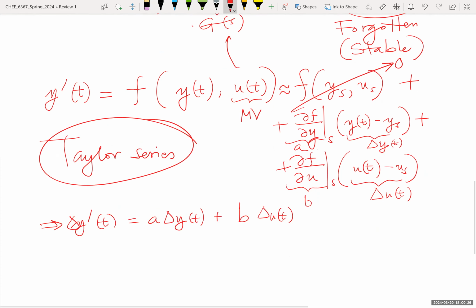Okay? And this is in the sense approximately equal. There is rigorous theory that says this is not just for convenience and then hand waving. This is rigorous in the following sense.